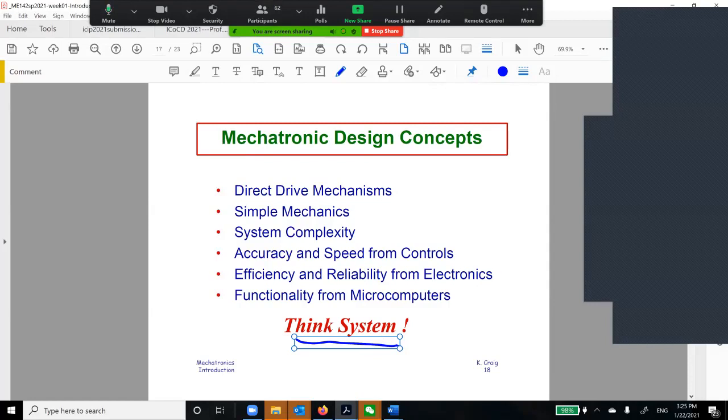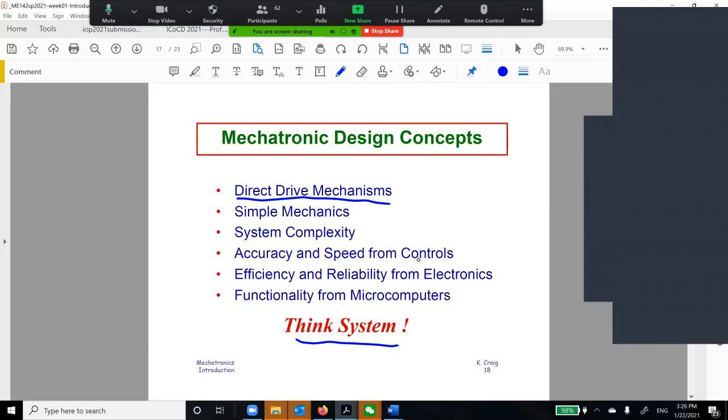But from a mechatronic system, if we emphasize motion control, we talk about direct drive mechanisms. Mechanics is simple. We also need to consider the system complexity. If you have many moving parts, the system will have a problem of reliability eventually.